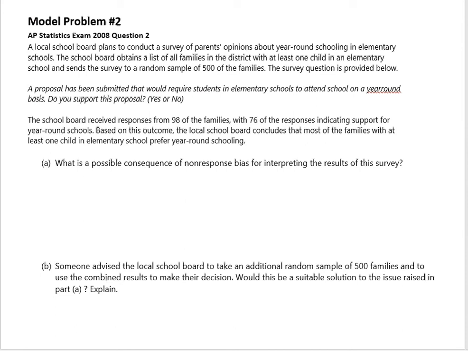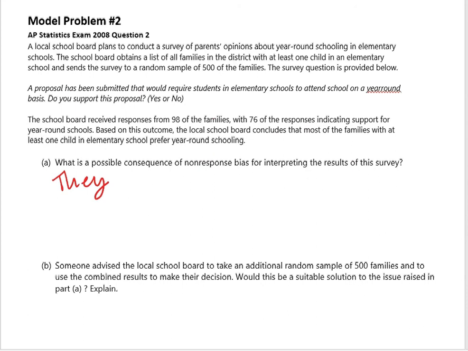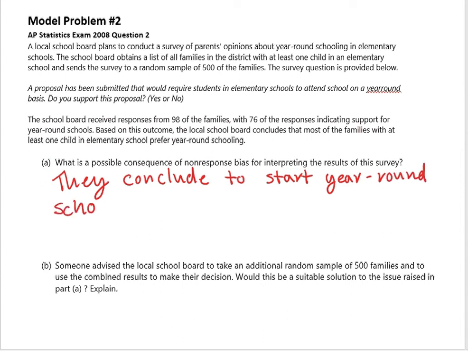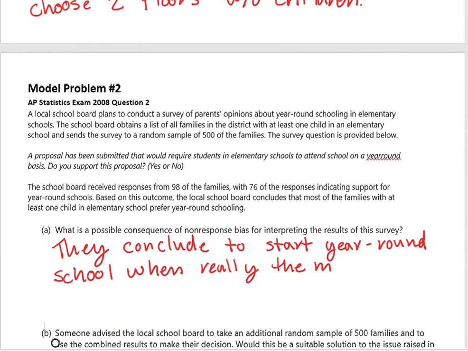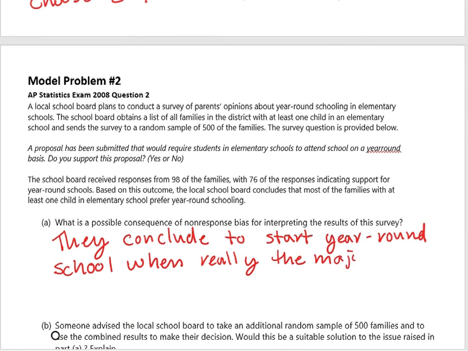So the problem with this is they could conclude to start year-round school when really the majority does not agree.